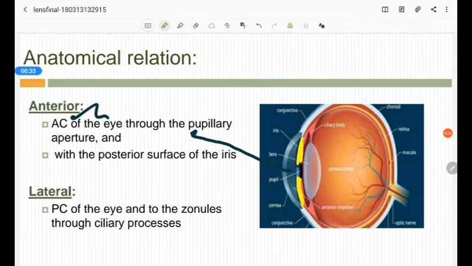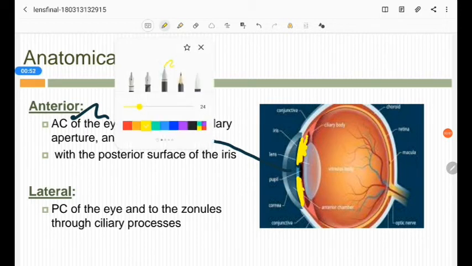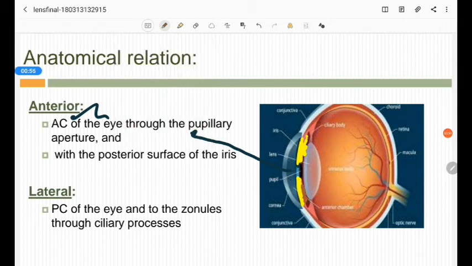At this end, this is the posterior surface of the iris that is in close association with the anterior surface of the lens.